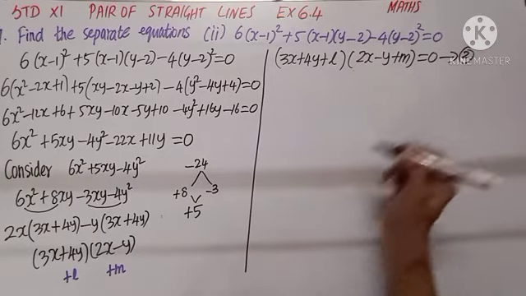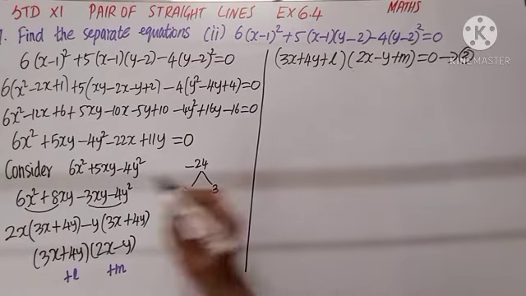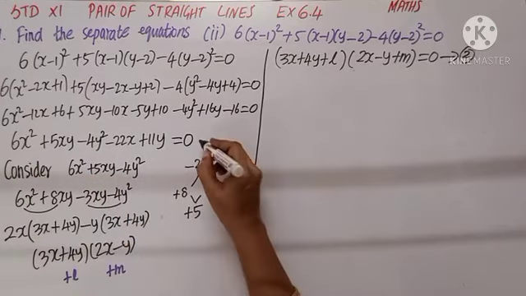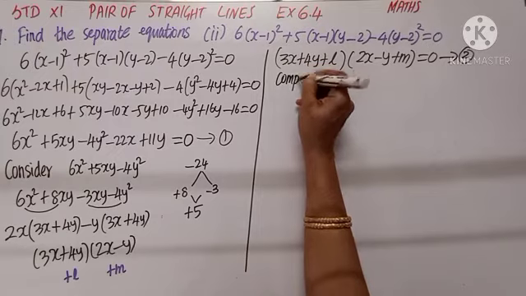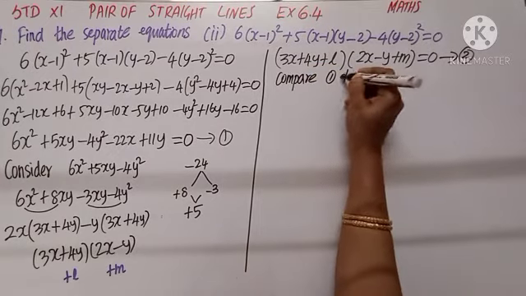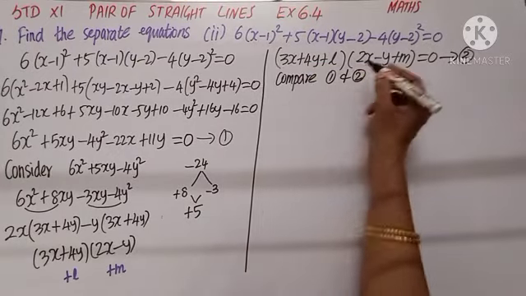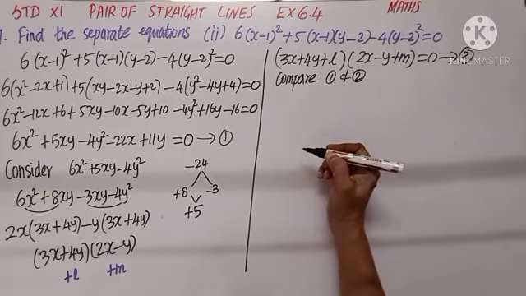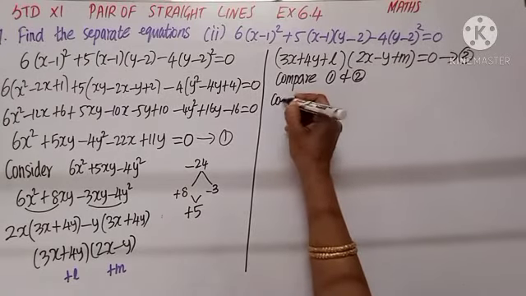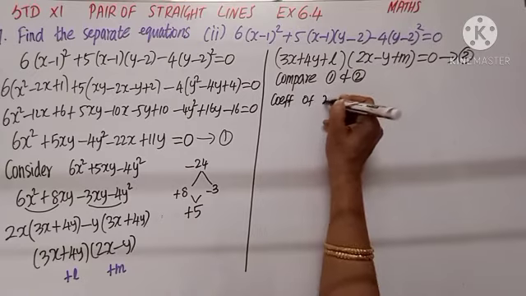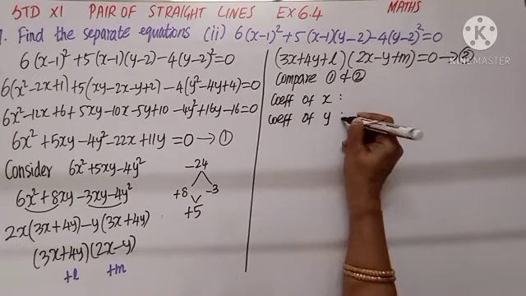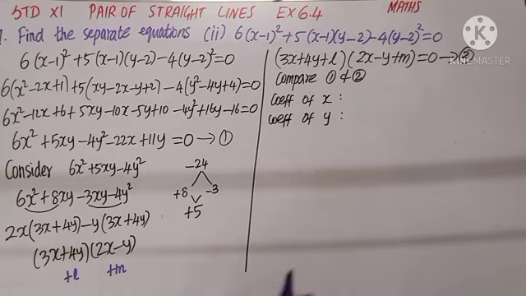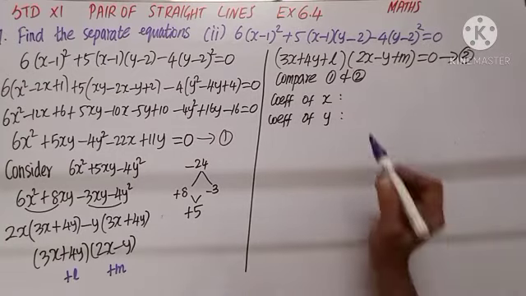This let us mark number 2. The obtained combined equation let us call number 1. Compare 1 and 2 because both represent pair of straight lines only. Compare for what? Coefficient of x and coefficient of y. As I compare, what are the two equations we get?